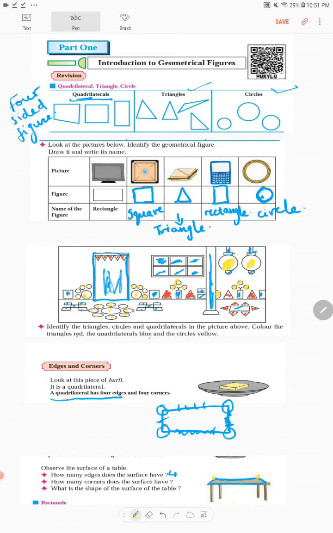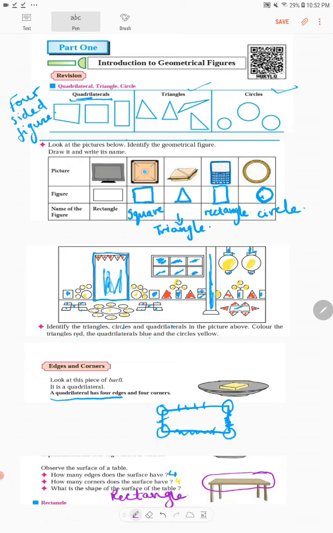And what is the shape of the surface? They are asking you the shape of the surface of the table. Its shape is rectangle.